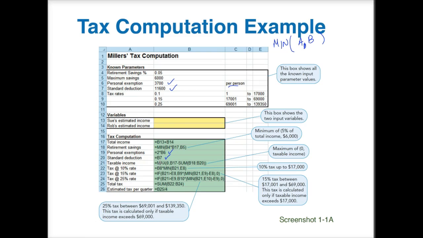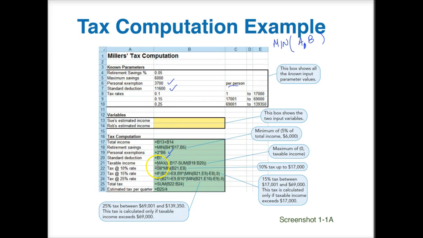Now for the taxable income, we see that we have taxable income for the 0% tax bracket, the 10% tax bracket, 15% tax bracket, and 25% tax bracket.